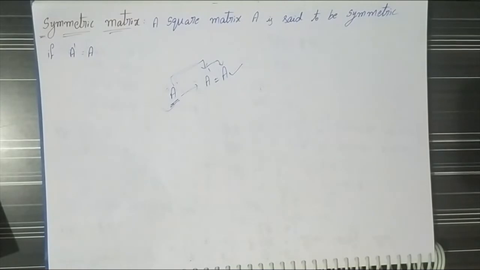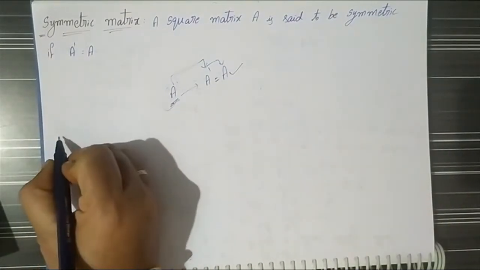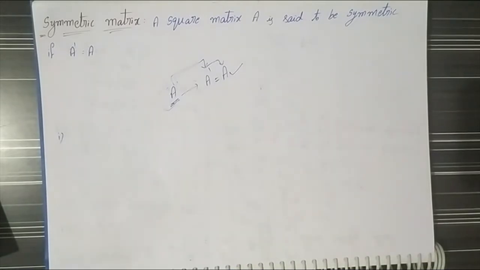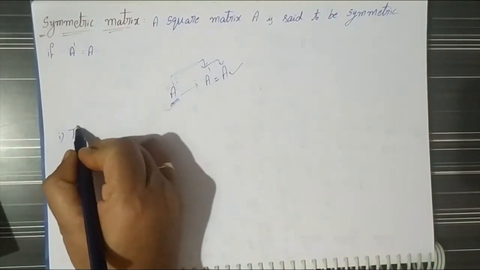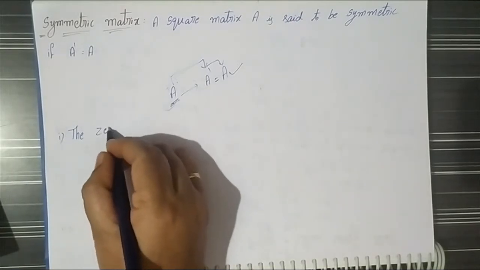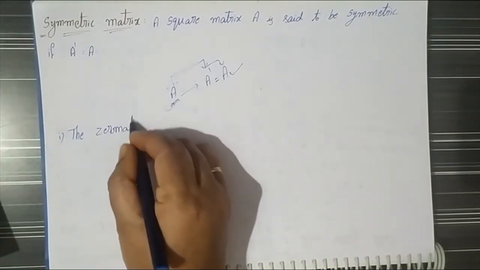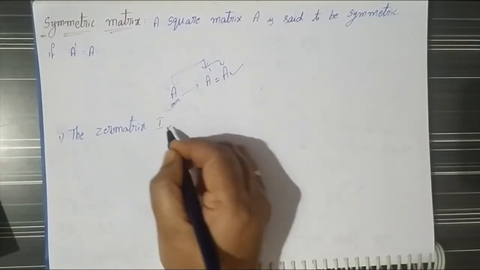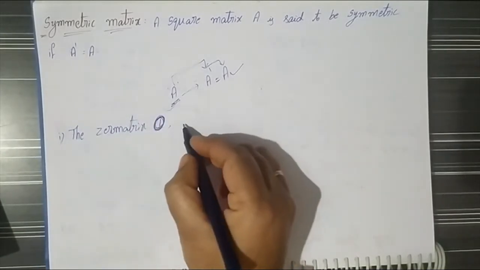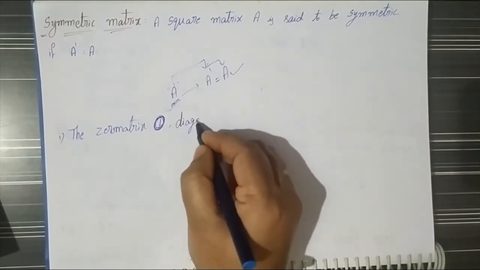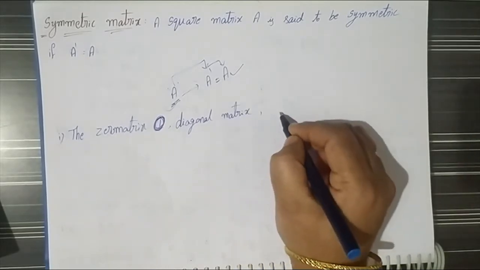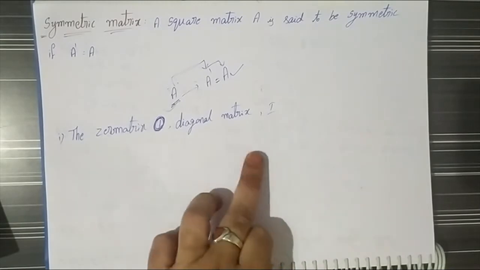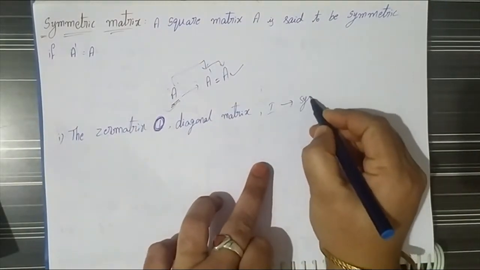We have some properties, or some points, about symmetric matrix. The zero matrix, any diagonal matrix, and the identity matrix are symmetric.